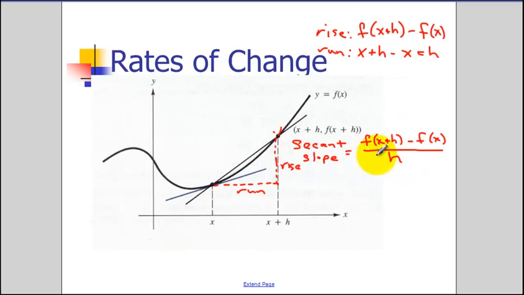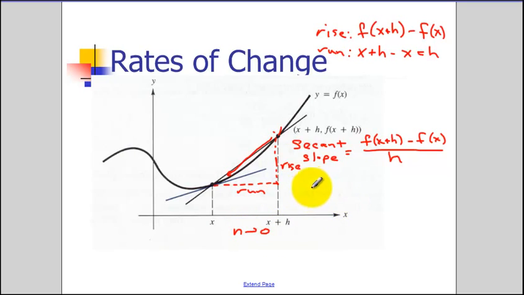Now, I had you compute this in class the other day when we were working on function notation, and I was having you practice that heading into what we were going to be doing today. What we saw in terms of this tangent line is that we could estimate it if we move point P down along this function closer and closer to Q. When that happened, the value of h was approaching 0.